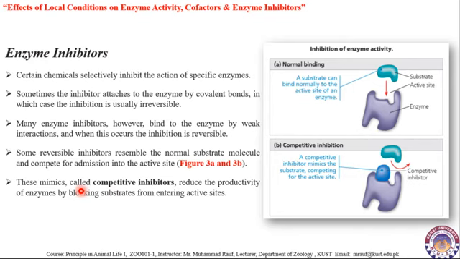These mimics, called competitive inhibitors, reduce the productivity of enzymes by blocking substrates from entering active sites. So once the inhibitor is attached here, the enzyme can no longer catalyze a reaction because it cannot bind substrate in the correct orientation.